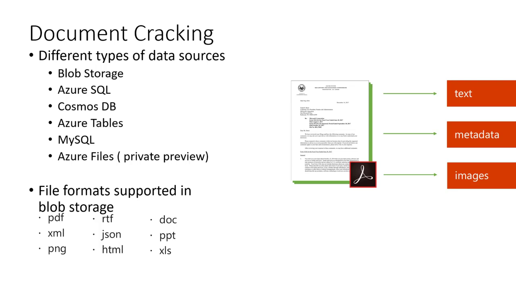Actually, for unstructured data in the blob storage, the service not only reads the raw data, but also supports content extraction from several file formats, such as Office documents, PDF files, HTML content. And you can get text, metadata, and even extract the images within a document or a website.